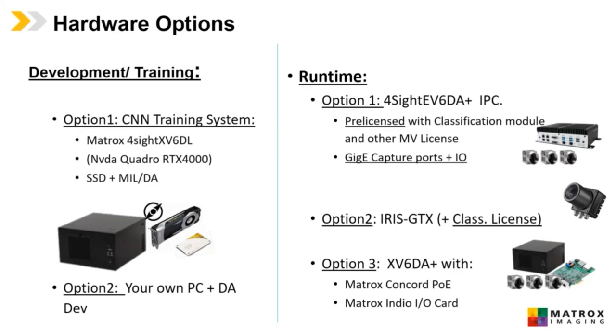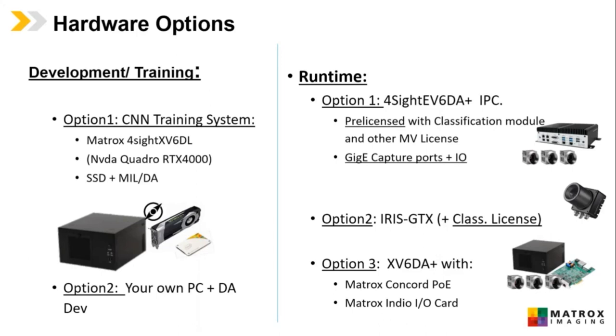And again, it's a constant process. Sometimes you may need to try this 2, 3, 4 times until you get a good result on your CNN. It's all dependent on your data set. And the GPU will enable you to speed up that trial and error. The other option is to use your own PCs and purchase Design Assistant. I do not recommend using your laptop for training.